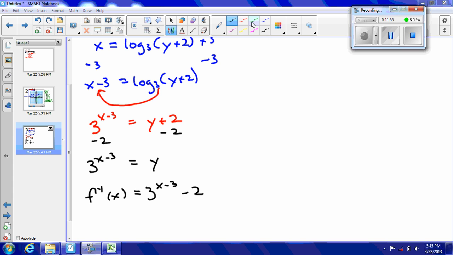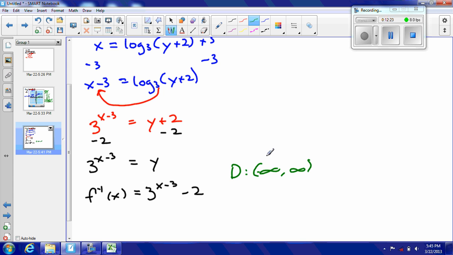Now, looking at this function, what is the domain of this inverse? Do I have any variables in a denominator? No. Do I have any variables underneath a radical sign? No. Do I have any variables that are part of the argument of a logarithm? No. So the domain of this function is negative infinity to infinity.